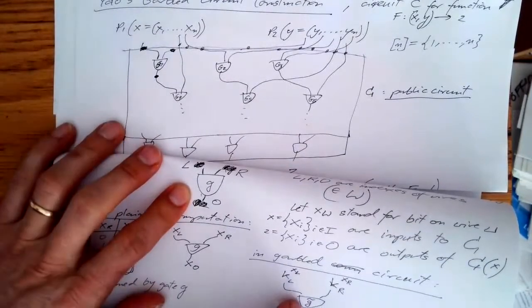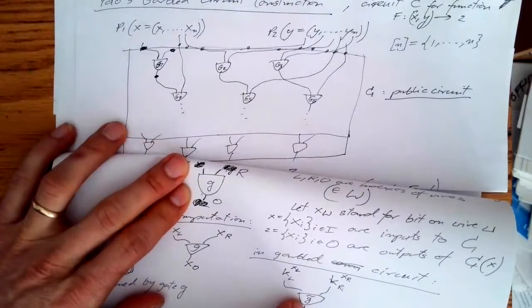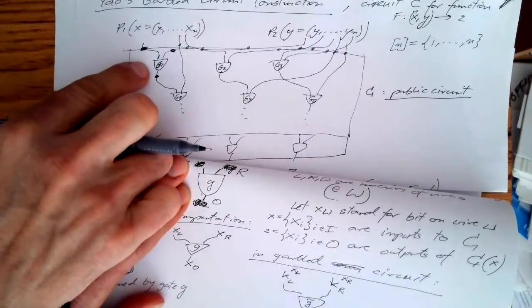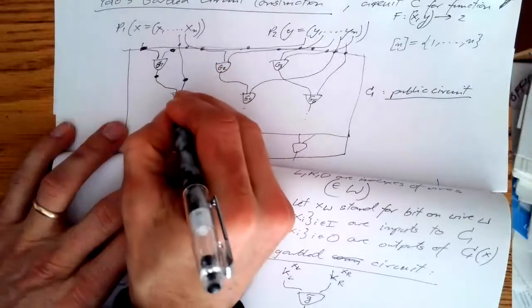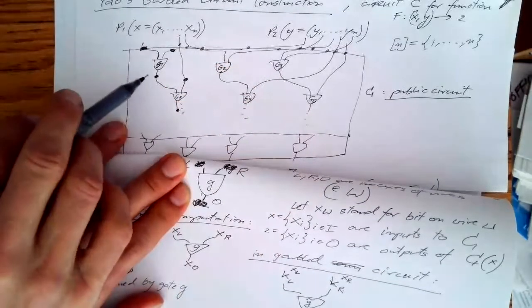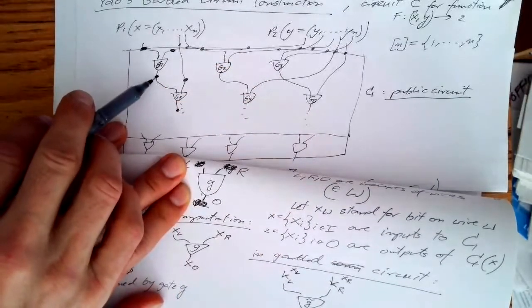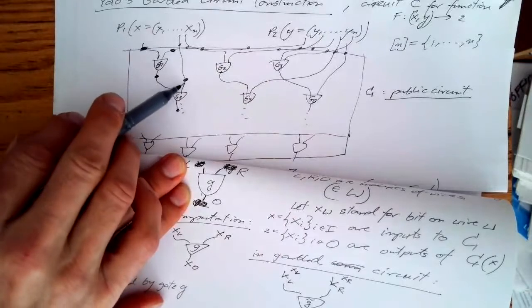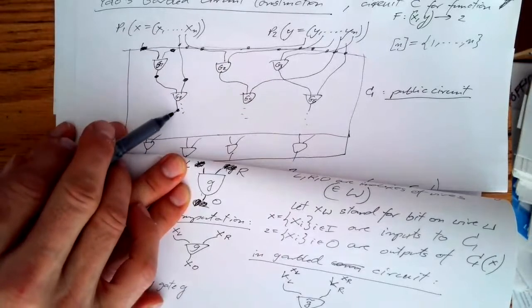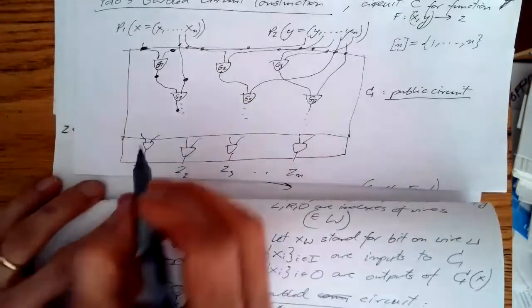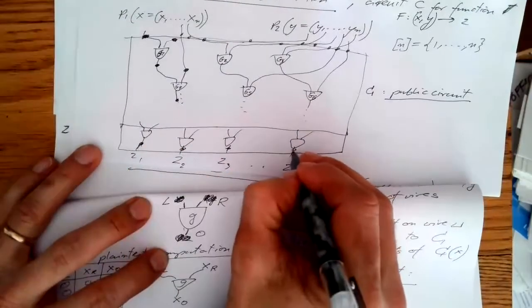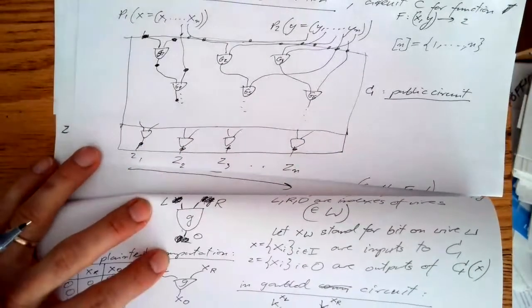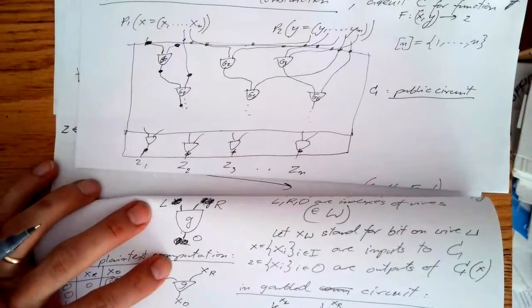If there is such a garbled gate representation that allows me locally to perform this computation, then I'll just recurse and perform this locally. Now, given the correct key corresponding to this wire and the correct key corresponding to this wire, I will locally compute the correct key corresponding to this wire all the way down to the correct keys corresponding to output wires.